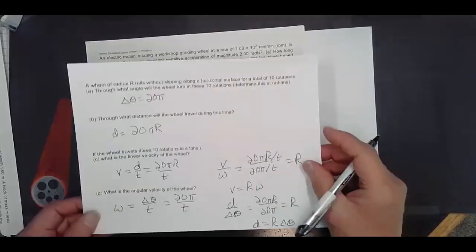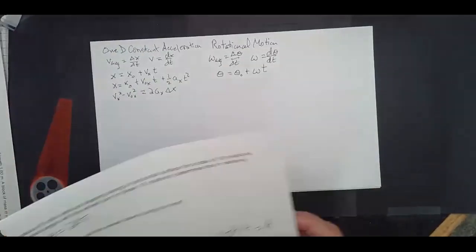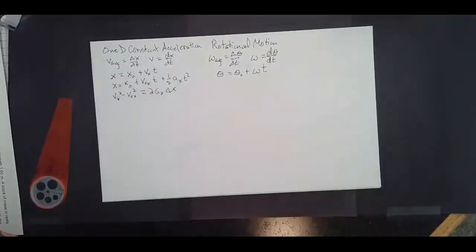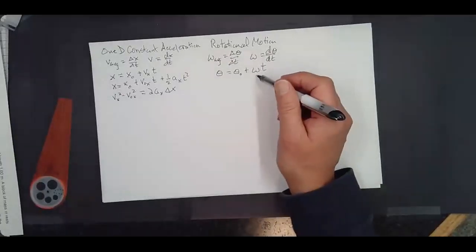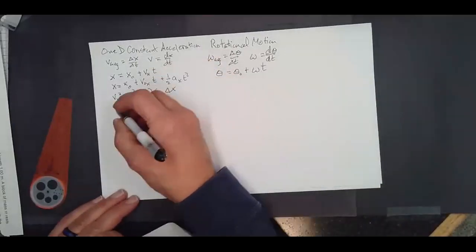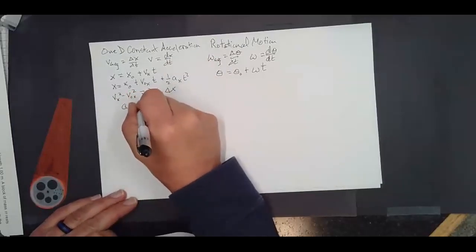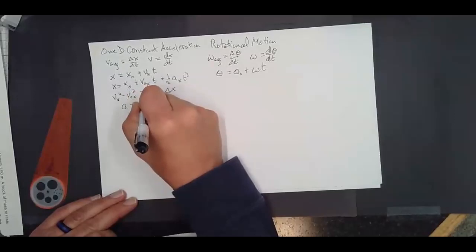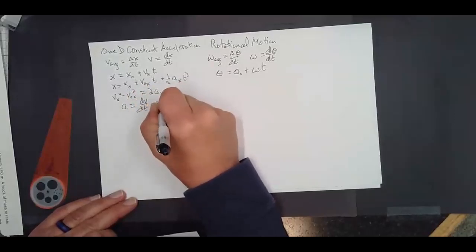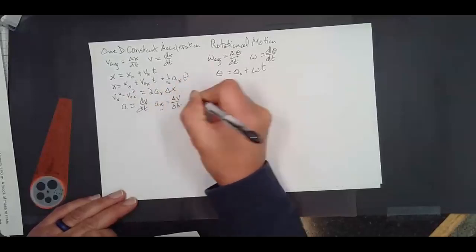Let's see. Well, the next question asks about something called angular acceleration. Okay, well, with this rotational motion, so far we've got angular velocity. Something I didn't write down here was that acceleration is equal to dv dt, or average acceleration would be delta v over delta t.